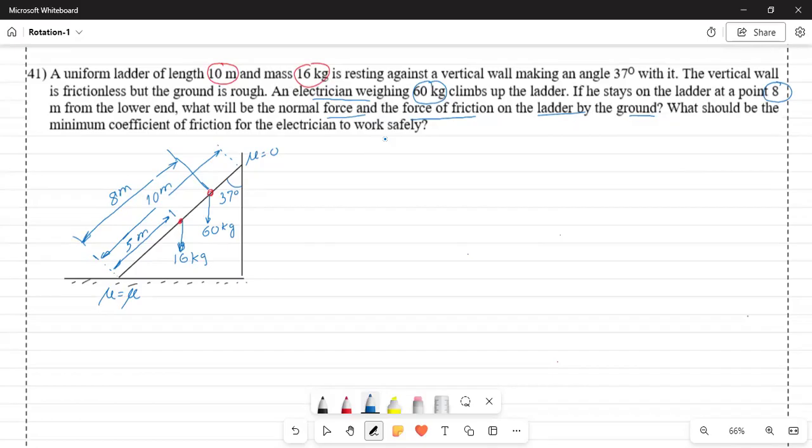Now, look at this particular ladder. It will be better if we take a free body diagram of the ladder separately. It will be easier to understand. This is the free body diagram of the ladder. And what are the forces acting on the ladder?